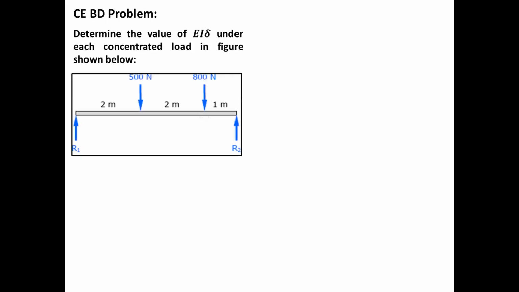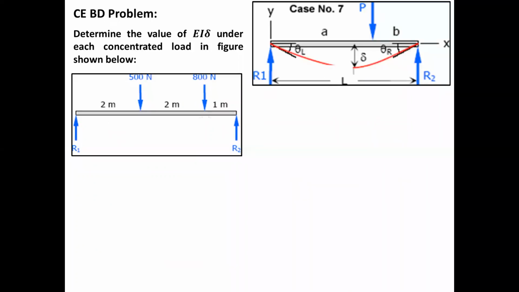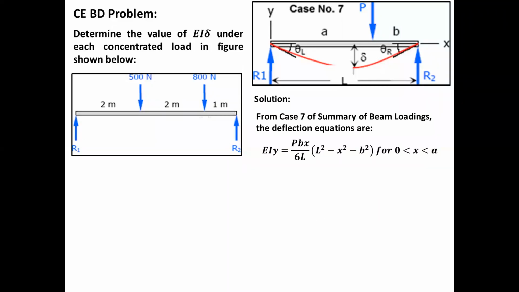Another case. Yan. Okay, 7 pa rin yan. So kamukha lang nung kanina, plus ko na lang yung computation. Okay. Yung EI equation natin, no? L square minus x square minus b square for 0 less than x less than a.